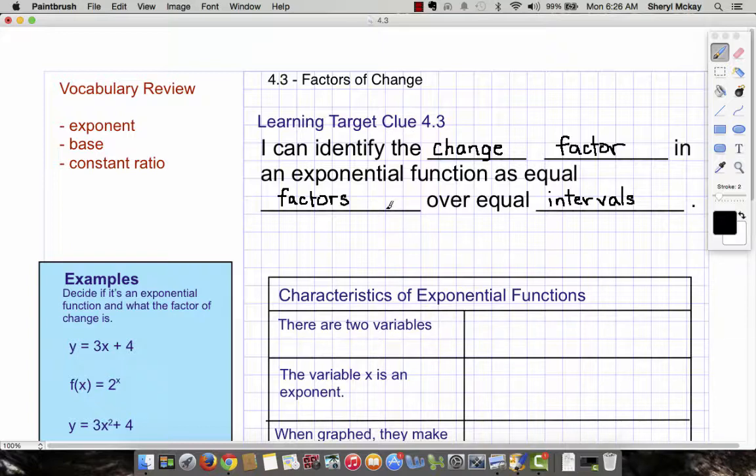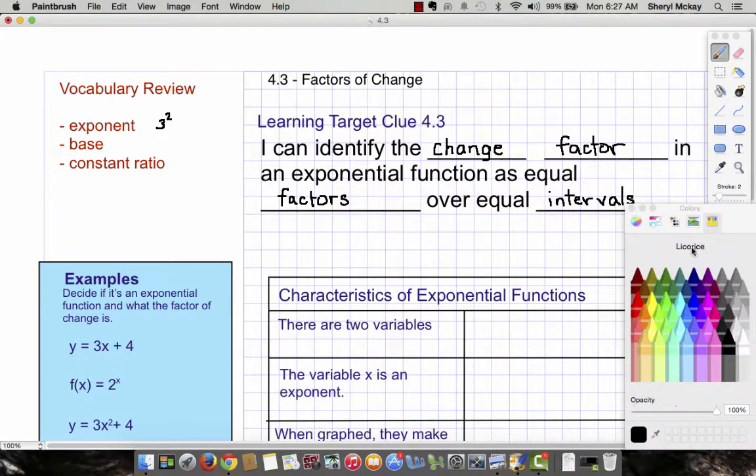So before we go any further, it's very important to talk about some of this vocabulary. The first thing is the word exponent, and everyone needs to understand what an exponent is. If I have 3 to the second power, the exponent is that little 2.